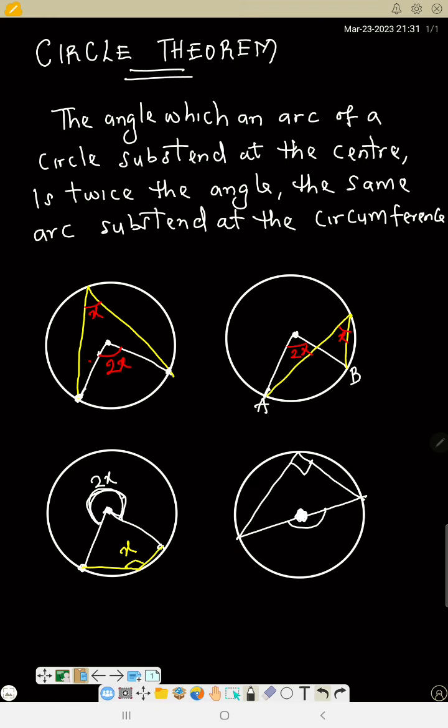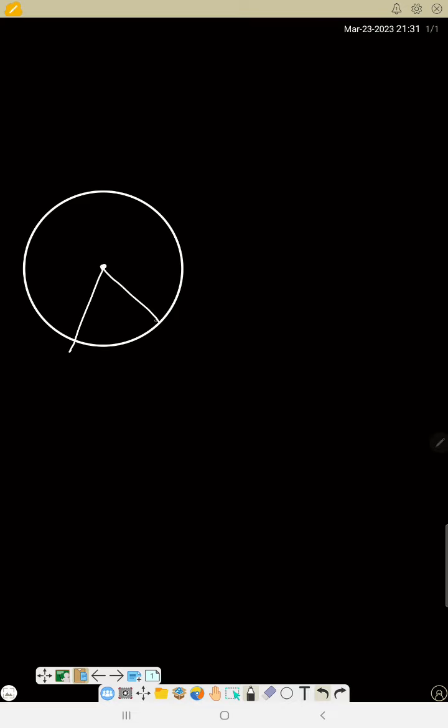So take note of these theorems. Now if I have a center and I have something like this, this is an arc here, AB. Now this arc goes to the circumference and comes back to this place.